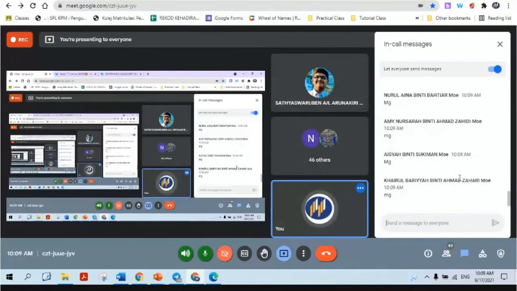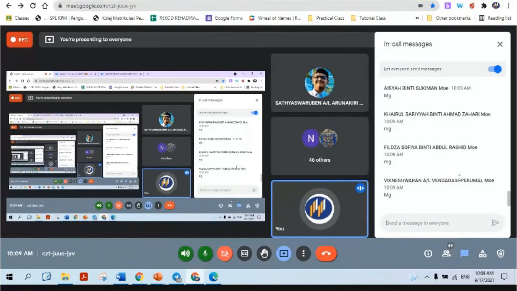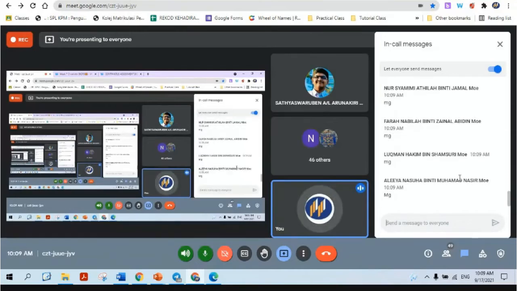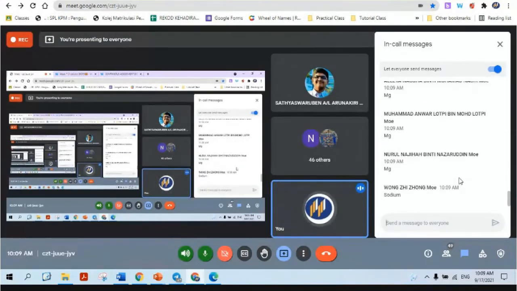Ada jawapan lain? Tak ada jawapan lain ke? Memang magnesium ke? Mengapa magnesium? Okay, Wong pilih sodium. Najihah, mengapa magnesium? Buka mic, sila terangkan. Cuba. Ataupun siapa-siapa nak cuba, mengapa magnesium?